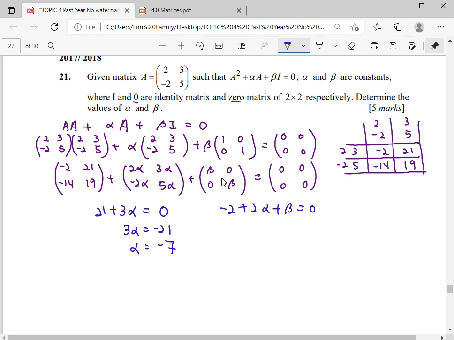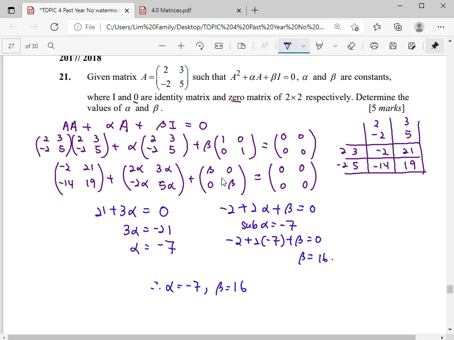Since I get my alpha, I can substitute alpha equals to negative 7 to find out our beta. So beta will be equals to 16. Okay, so this is how we find our alpha and beta.